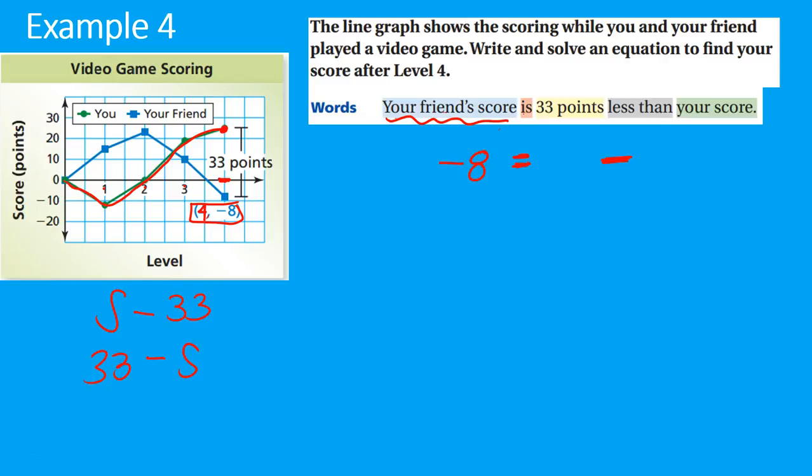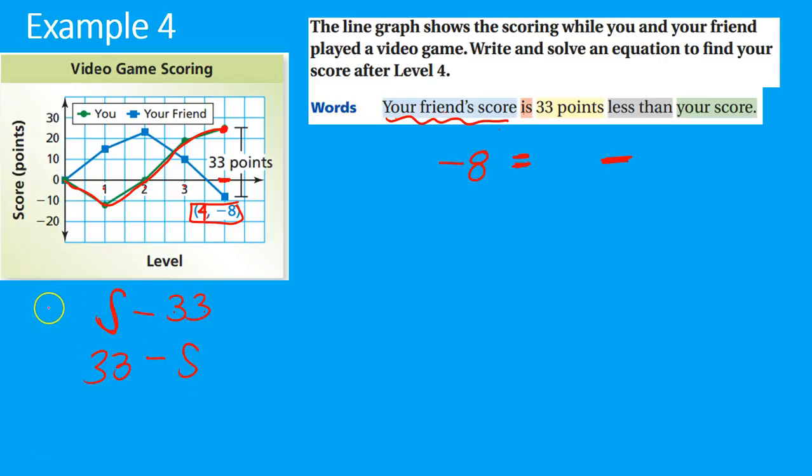It says your friend's score is 33 points less than your score. So whatever your score is, theirs is 33 less than that. So let's take a look at this. This says that we take your score and subtract 33. So this says we take your score and subtract your score.